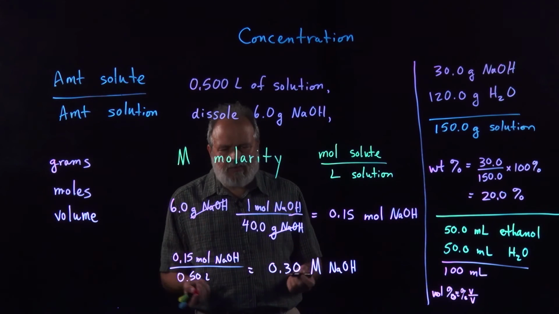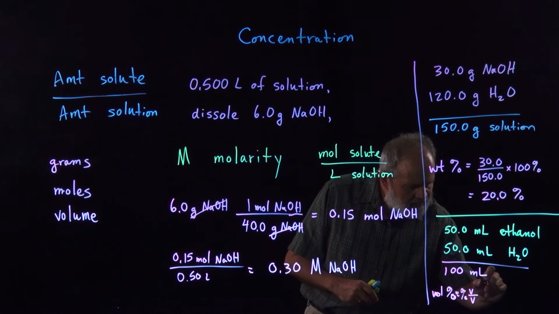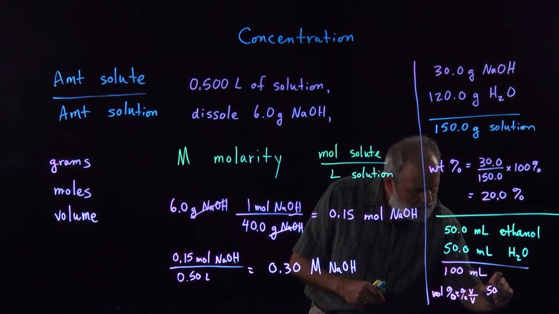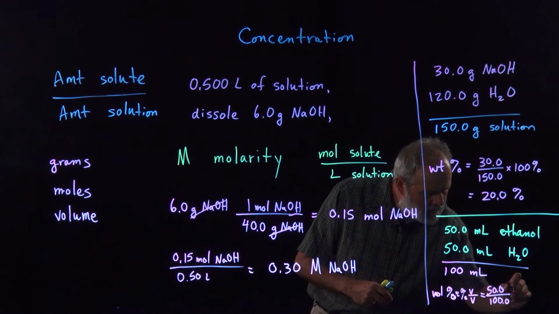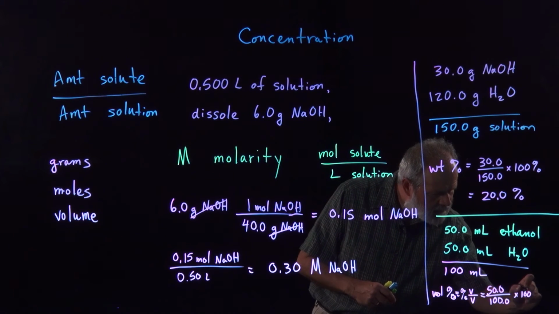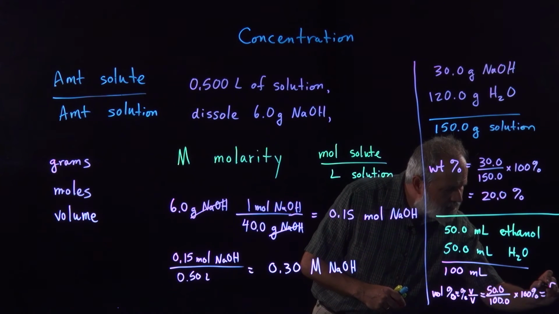So you'll see a percent V over V, and this would be 50 divided by 100 times 100%. Of course, it's an easy calculation to do, and that would be 50% alcohol.